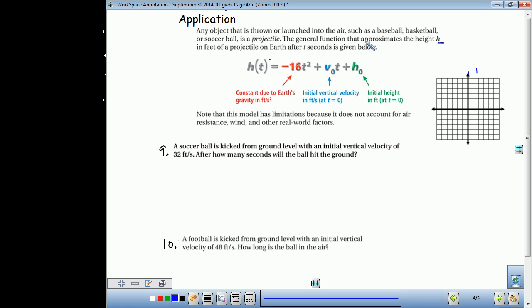The general function approximates the height of the object, so how high off the ground is the object, compared to Earth after t seconds. How high above Earth is the object after t seconds? So that it's the height of the object, not the distance it's traveled. That's a different formula.